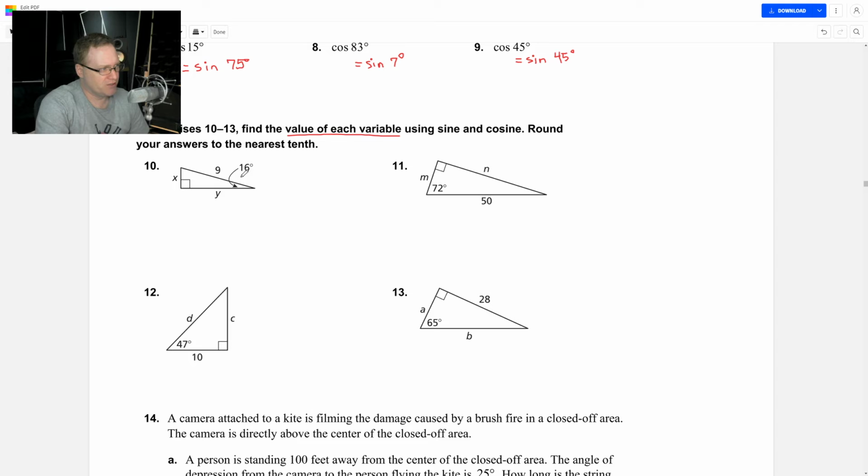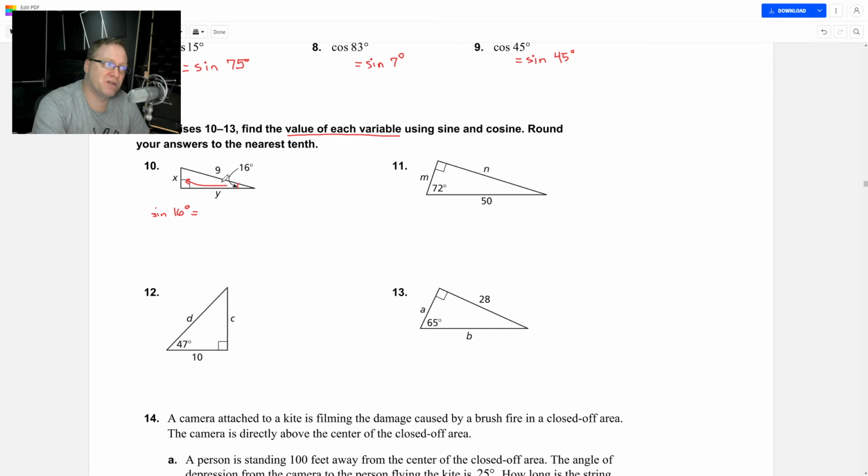Well, here we have an angle. Right here, we know that this angle is 16 degrees. That means the sine of 16 degrees is going to equal what? Well, the sine of 16 degrees is the opposite over the hypotenuse.